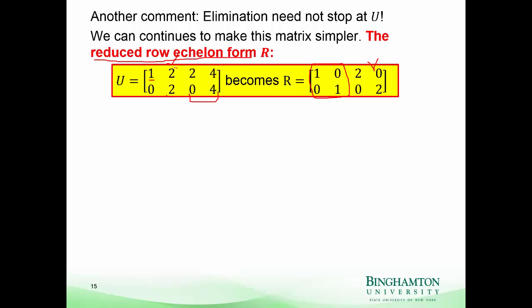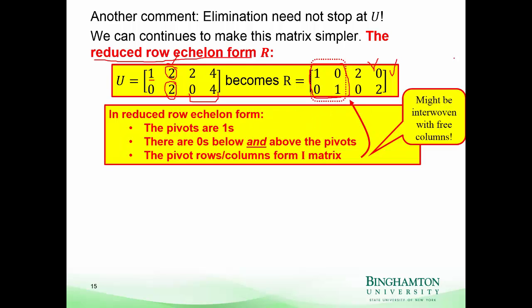So we got rid of this, we turned that into a 0, and then we normalized by this to give us this. So we've done this already when we did the Gauss-Jordan elimination. It's along those lines. It's basically the same ideas. And this is called reduced row echelon form.